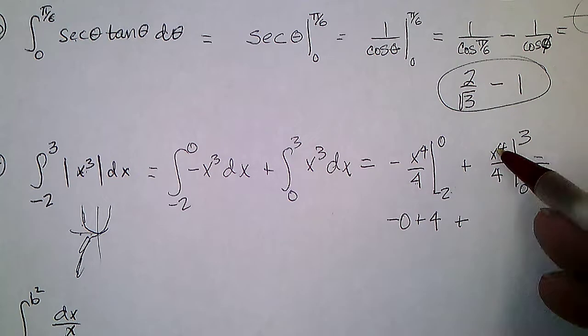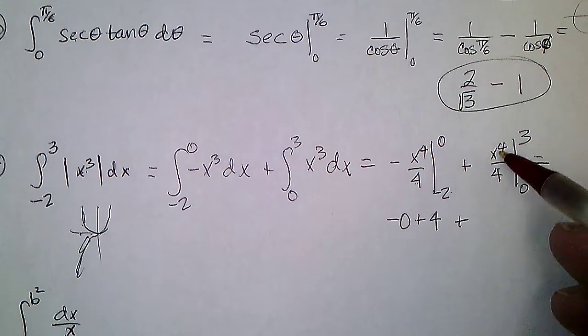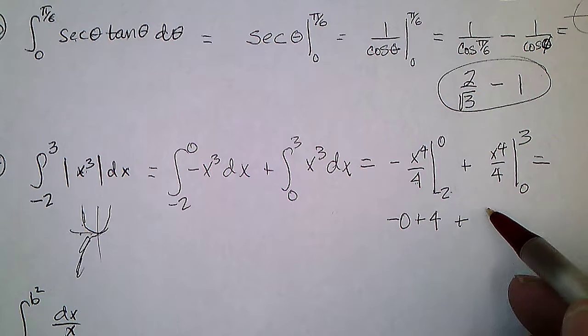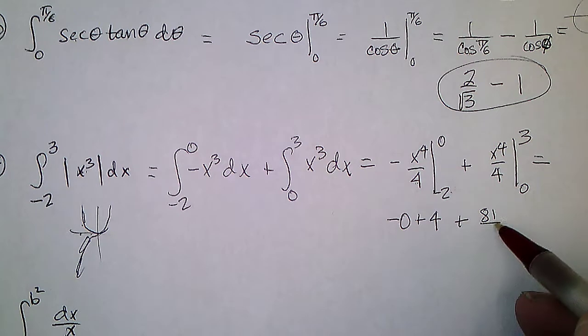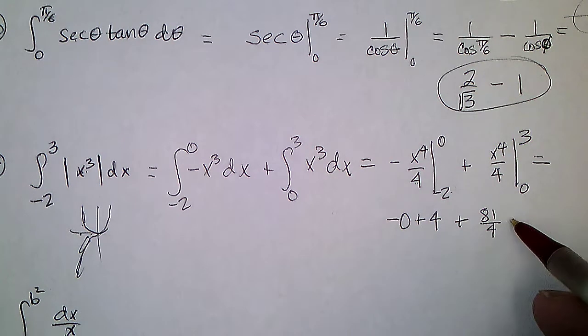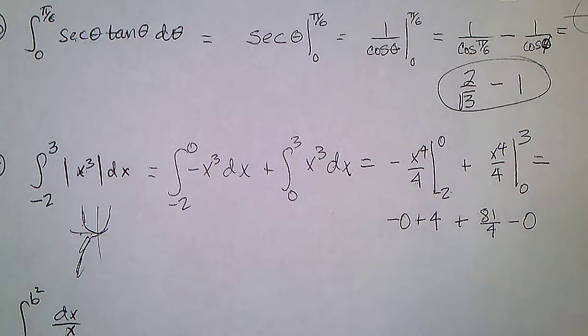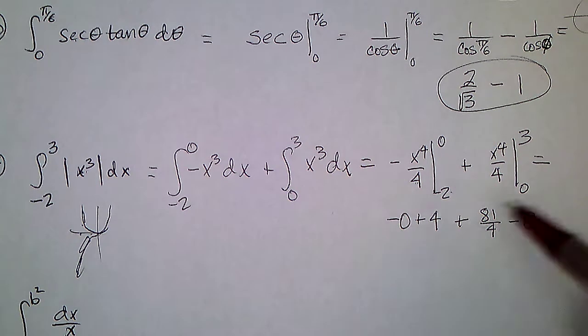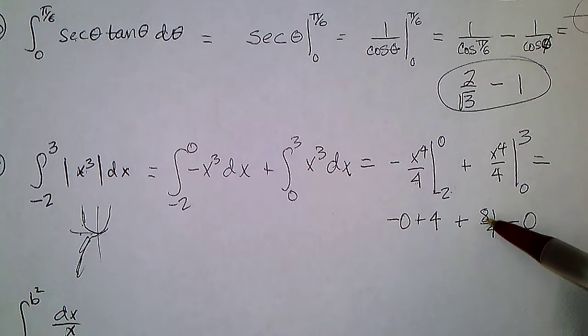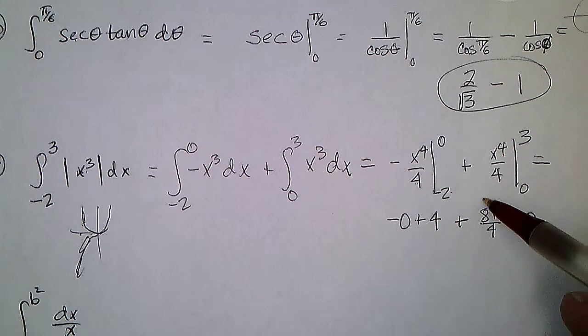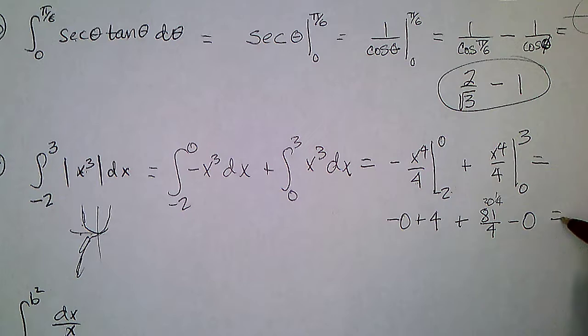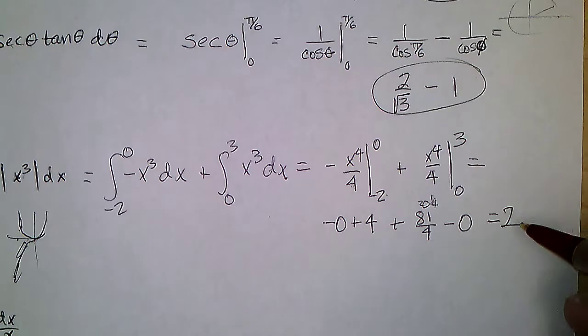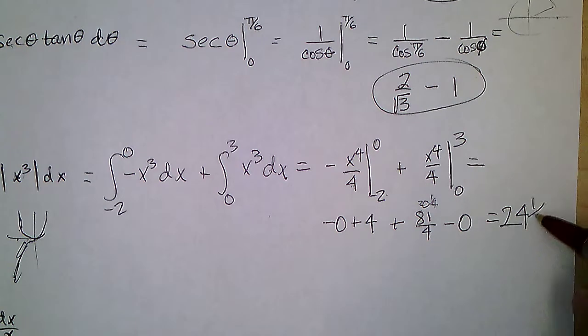Plus, put in the 3 to the fourth is 81 over 4 minus 0. So we've got, what, 20 and 1/4 plus 4, 24 and 1/4.